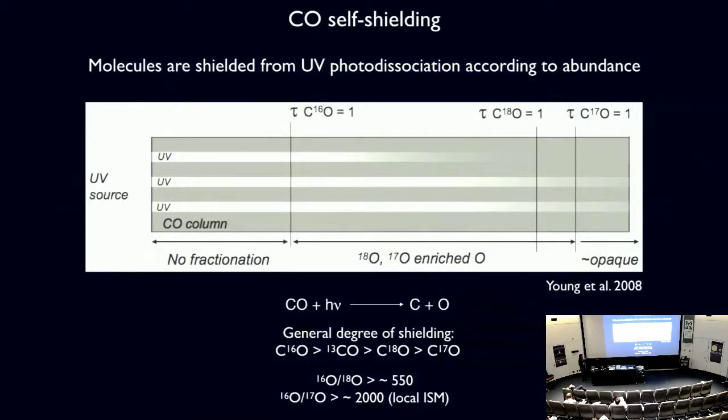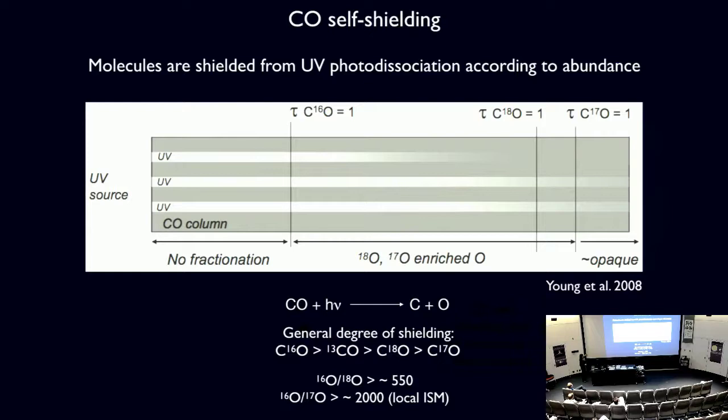If you've never heard of it, this may not make sense. Essentially, molecules are shielded from photodissociation according to abundance. So it's not mass related, it's abundance related. C16O is so abundant in the early solar nebula that it stays intact, and the rarer isotopologues are photodissociated and go off into carbon and oxygen.